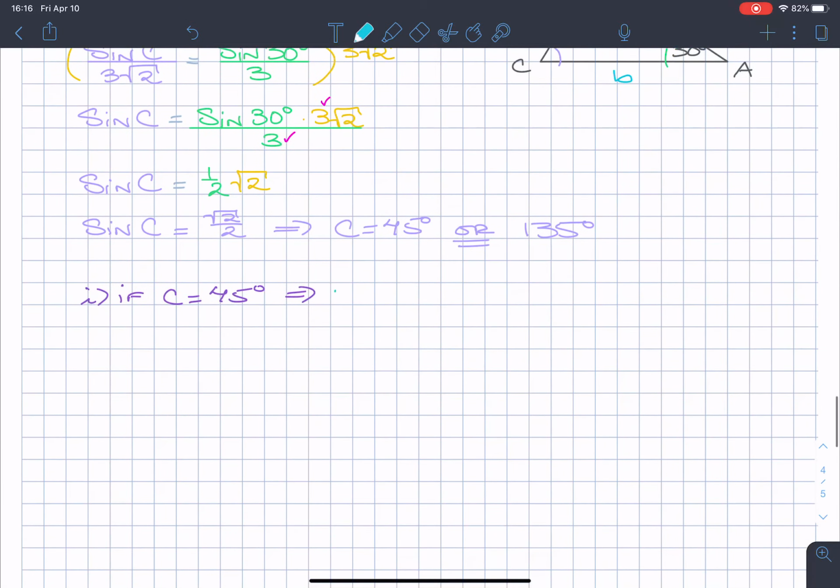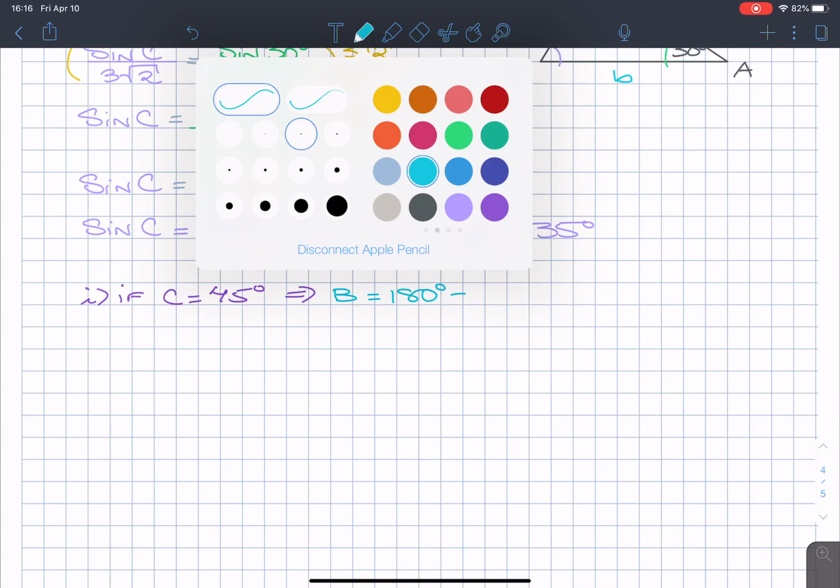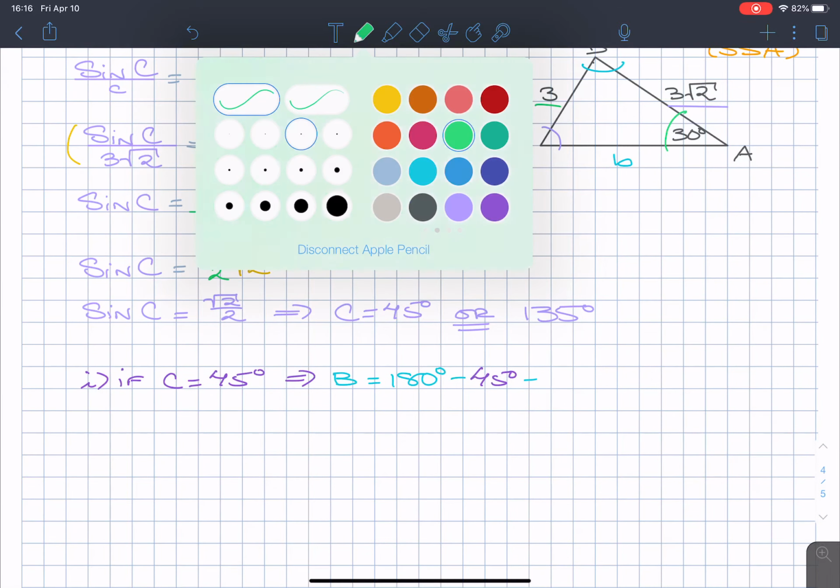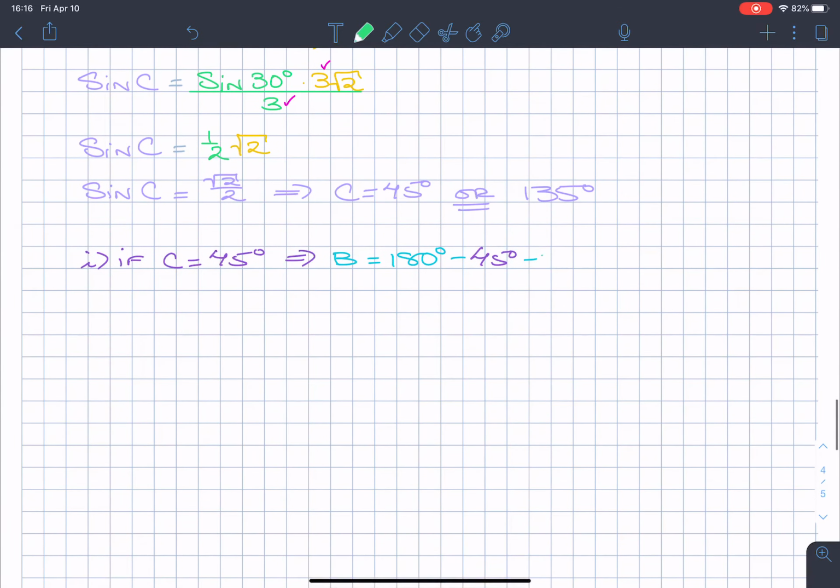That means that angle B will be 180 degrees minus 45, minus the measure of angle A, which was 30. So in that case, B would be equal to 105, right?